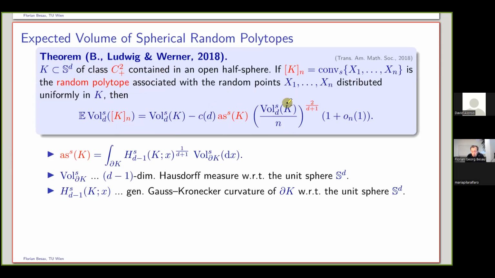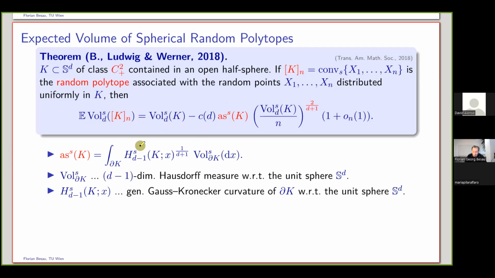You have the same rate of convergence, and the geometric quantity changes. You have here the spherical Lebesgue measure, the spherical volume measure, and on the right-hand side you have to replace the volume measure with the spherical measure, and what turns up here is a sort of spherical analog of the affine surface area.